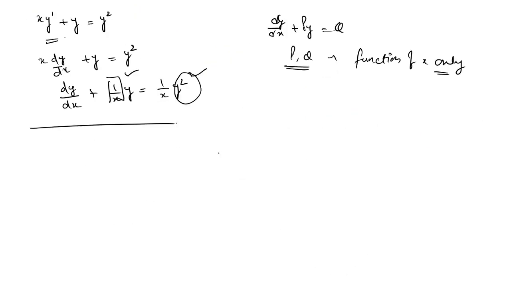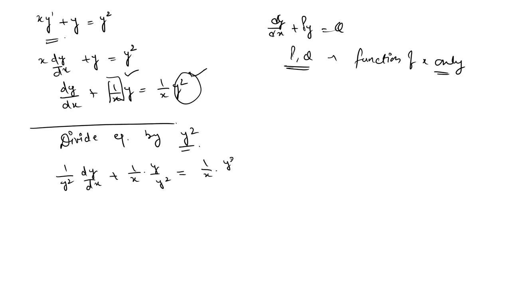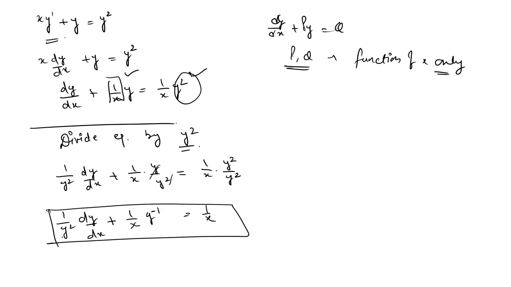So what we will do here is convert this equation into a linear equation. Firstly, we will divide the equation by y square. So it is 1 by y square dy by dx plus 1 by x into y over y square equals 1 by x into y square divided by y square. It is 1 by y square dy by dx plus y^(-1) by x equals 1 by x.